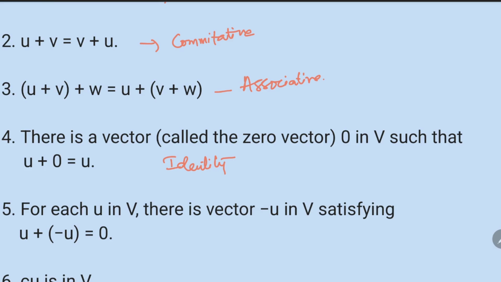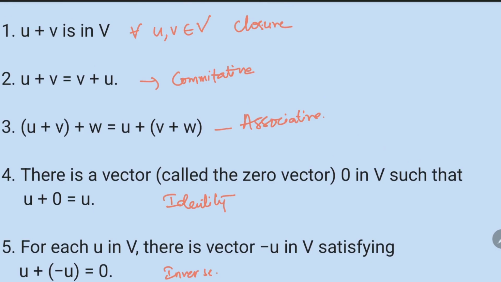And also we have, under addition, the inverse property: u plus minus u is equal to 0. This is the inverse property. So from all this we can say that we have group properties. In group theory we have learnt the group properties, where a group that is also commutative is called an abelian group. So V under addition has to be an abelian group.